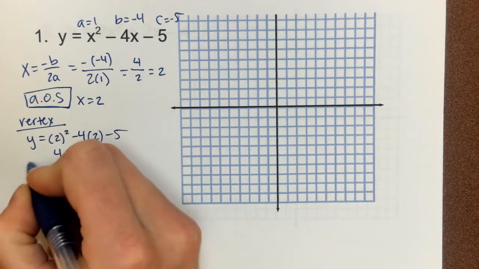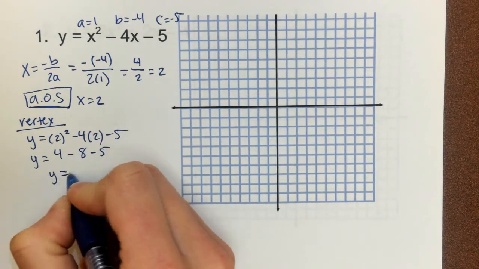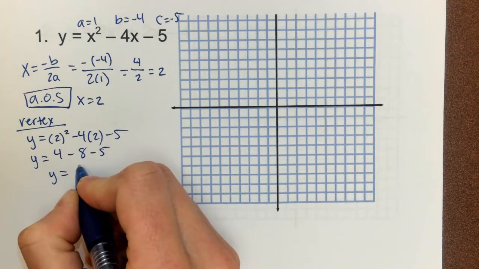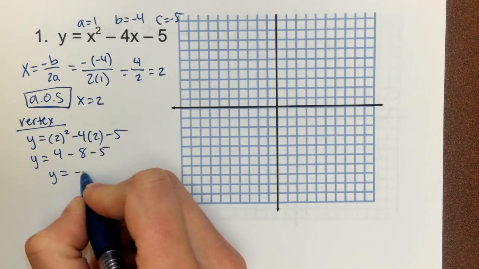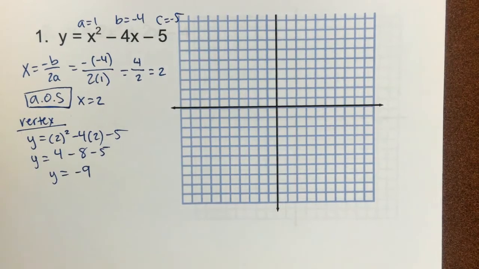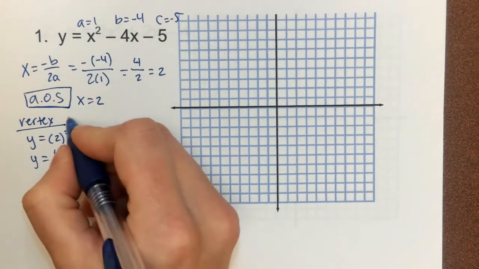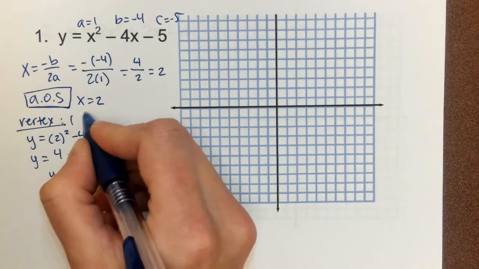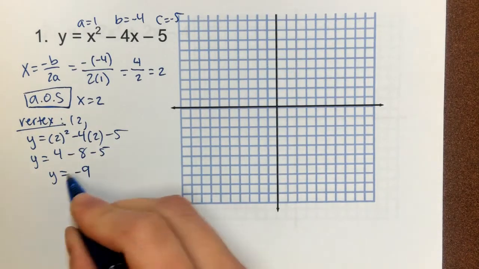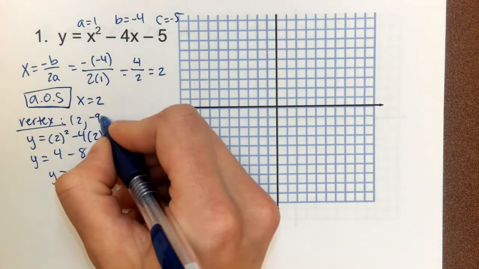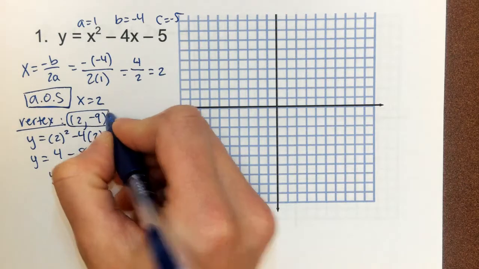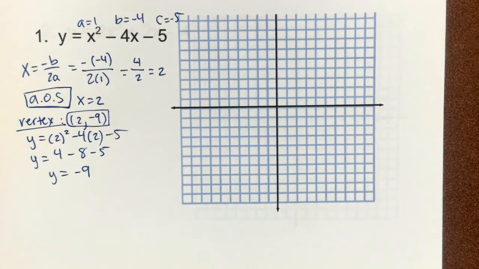And then going left to right, 4 minus 8 is negative 4, minus 5 is negative 9. So your vertex is the x value 2 and the y value negative 9. Alright, so take a second and make sure you've gotten all that written down.